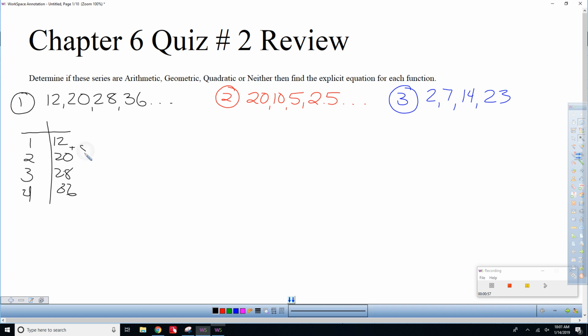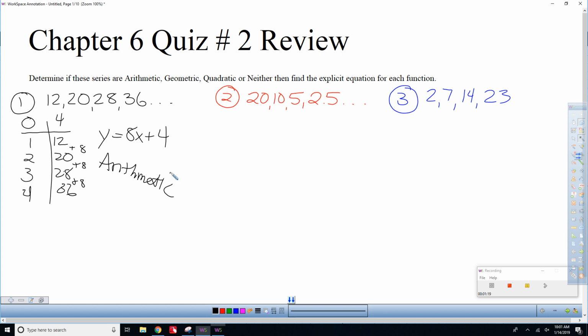This one's going up by 8, up by 8, up by 8. To find the y-intercept, identify where it would be at 0. So this is going to be y equals 8x plus 4, and that is arithmetic. Notice it has a slope. It's going up by the same amount every time.